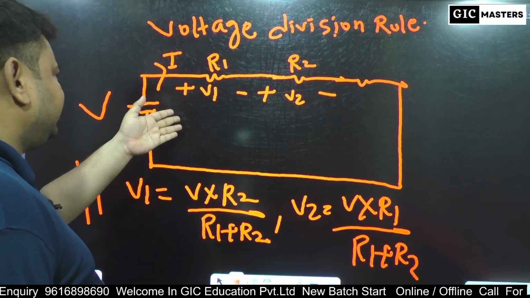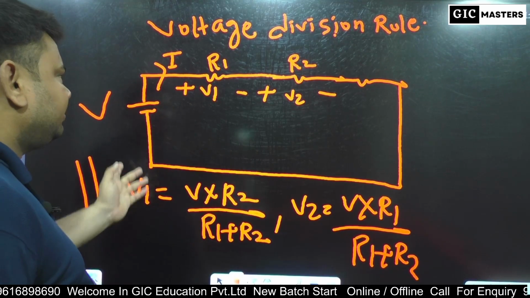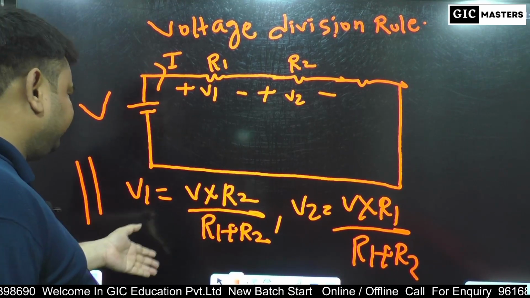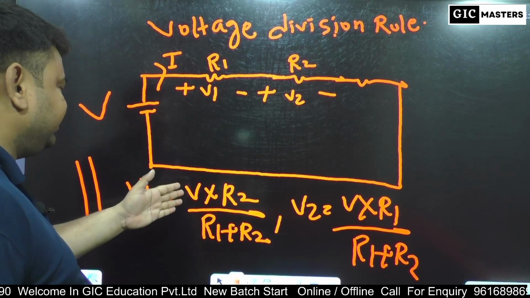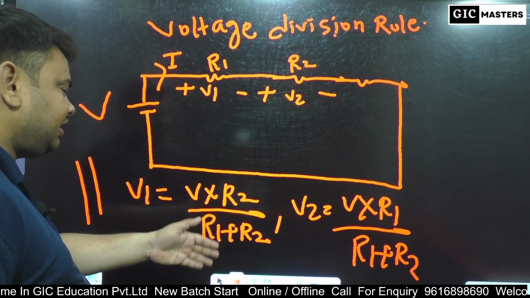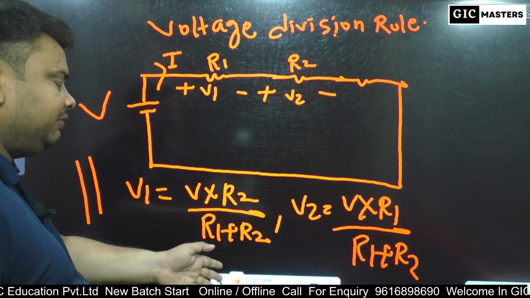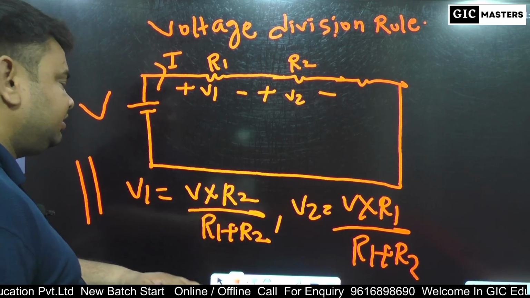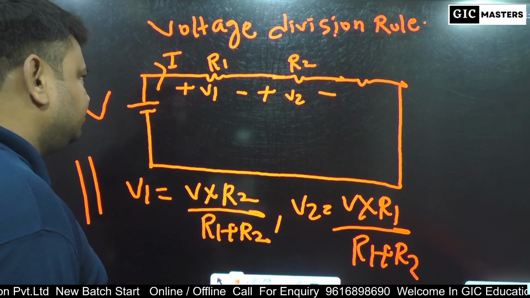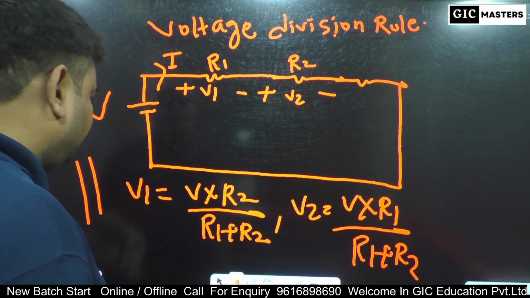V1 equals total voltage V into R2 divided by R1 plus R2, and voltage V2 equals V into R1 divided by R1 plus R2. These are the voltage division rules.